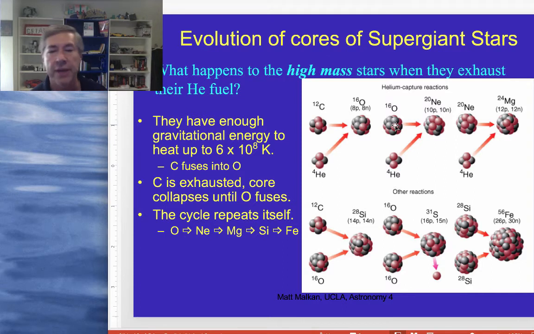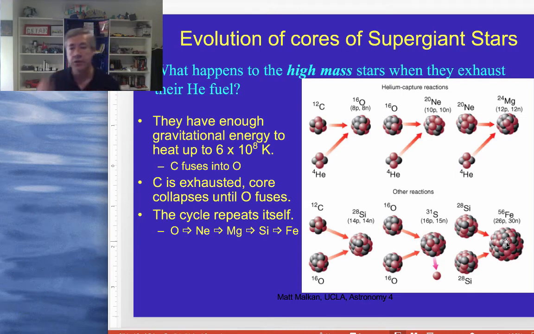And the inevitable death is down here in the lower right-hand side of this diagram when you get to iron-56. So this star has been basically producing less and less long-lived energy sources, rather desperately, and then it ends up with something which is not an energy source at all.